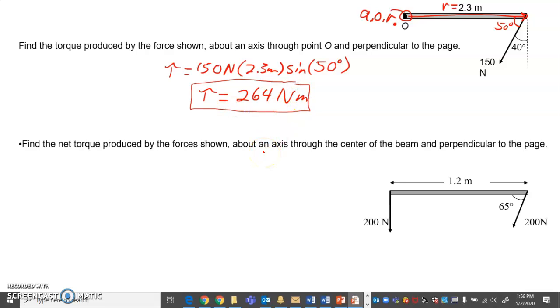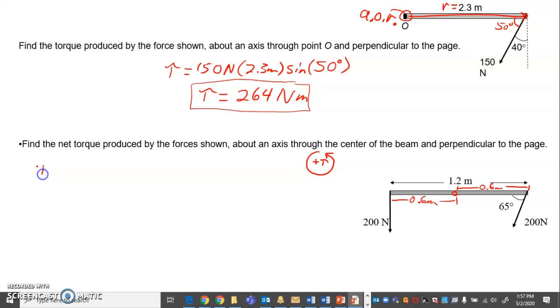Find the net torque produced by the forces shown about an axis of rotation in the center of the beam and perpendicular to the page. Alright, so 0.6 meters is the distance from the axis of rotation to the 200 Newton force, and then 0.6 meters is also the distance over to that other 200 Newton force that's at an angle. And we're going to call counterclockwise our positive direction for torque.